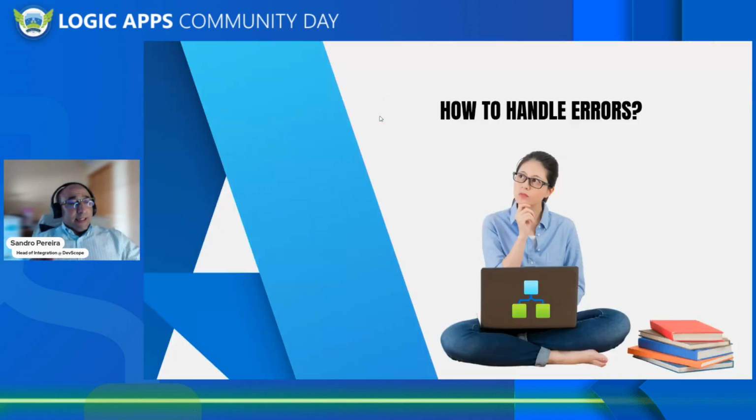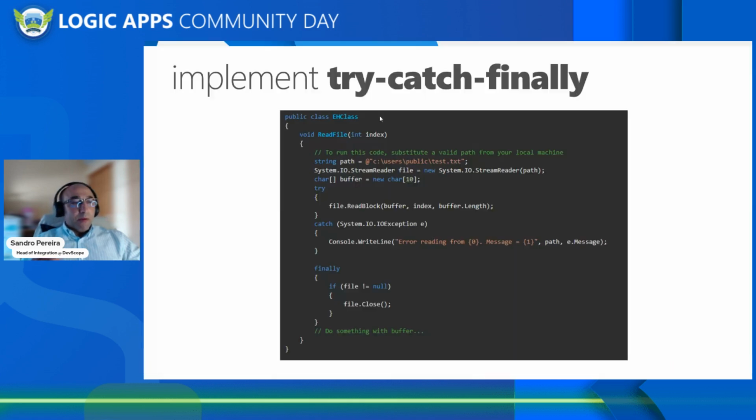One of the things that is important to know is how to handle these exceptions, how to control these exceptions inside our workflows in order to guarantee that they are robust and we can recover from that, okay? There are many ways to do that.